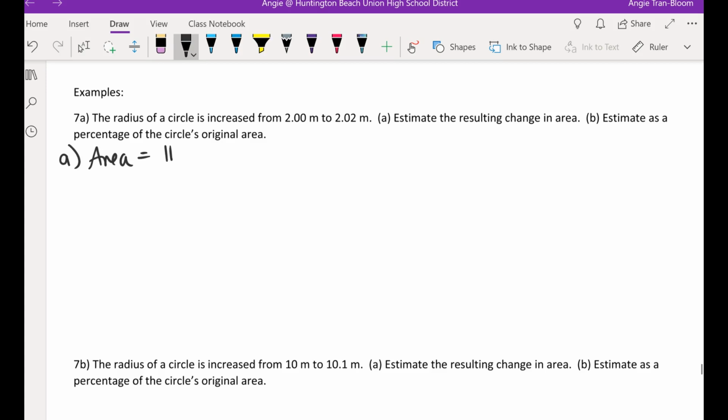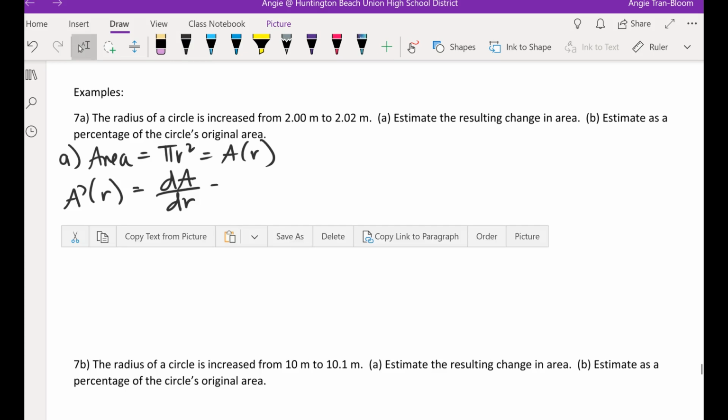Area equals pi r squared, and I'm going to rewrite this as A of r because I want to find the derivative with respect to r, which, as you know, is really dA over dr. Okay, dr is the change in radius, dA is the change in area. If you know those values, then it's easy for us to find the change in area, which is dA.